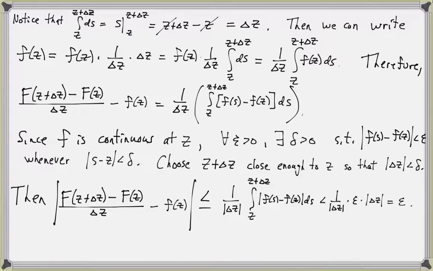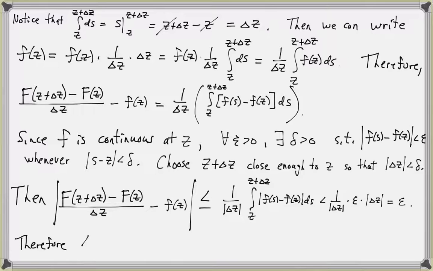So we show that no matter how small a positive value of epsilon we choose, this difference here will always be smaller than epsilon whenever delta z is sufficiently small. So therefore the limit as delta z approaches 0 of this quantity is 0.